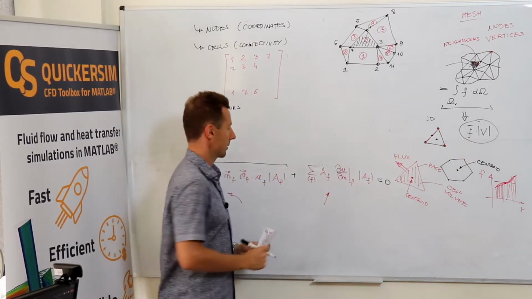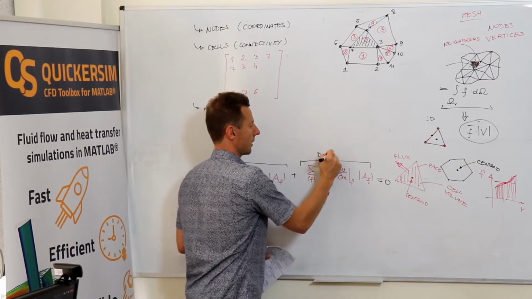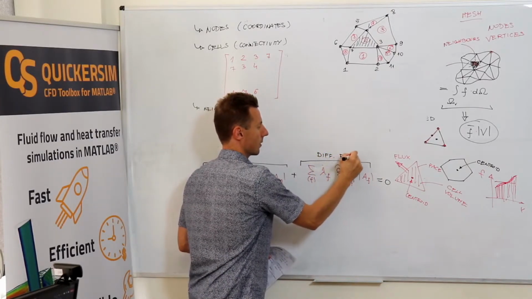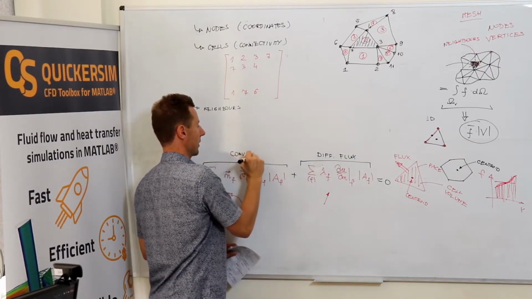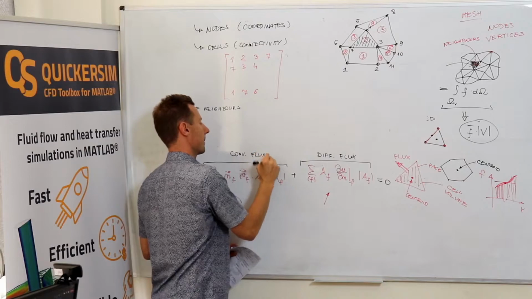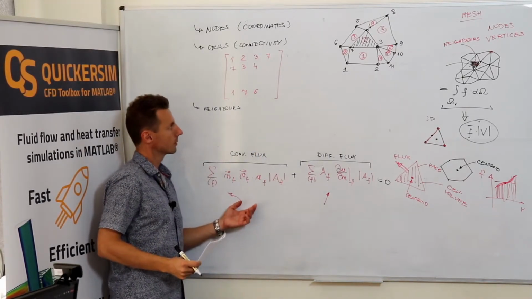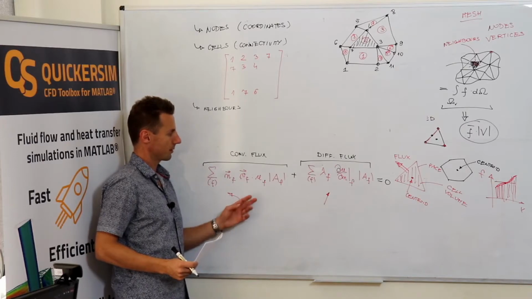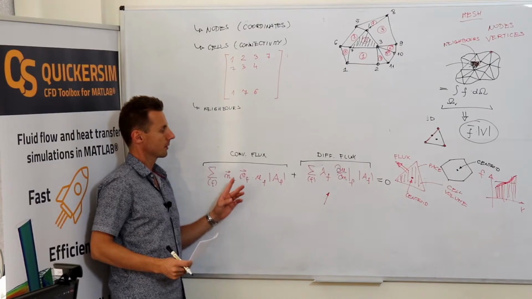But what we've got here is, again, the diffusion flux, the convection flux, the convective flux. So already the full formulation of the discretized finite volume method.